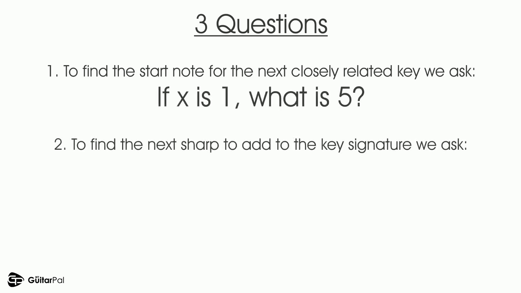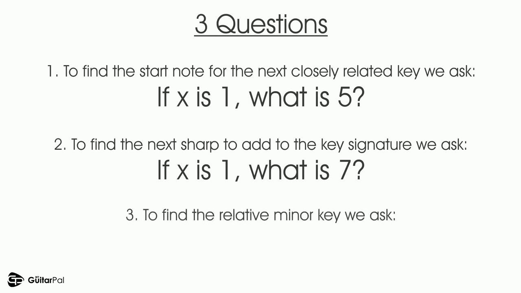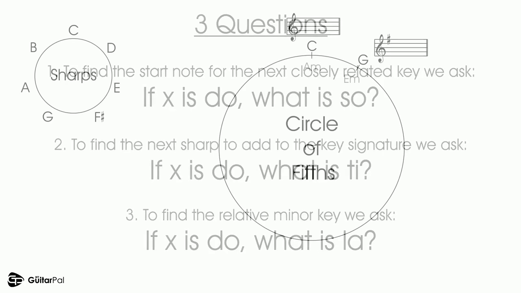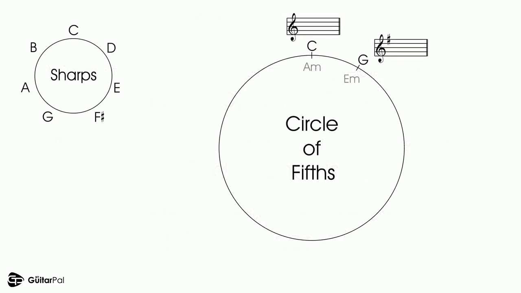To find the next sharp to add to the key signature, we ask, if X is 1, what is 7? And 3. To find the relative minor key, we ask, if X is 1, what is 6? In solfege terminology, if X is Do, then we ask, what is So, Ti, and La? Following the three steps we just outlined, let's continue and finish this half of the chart.